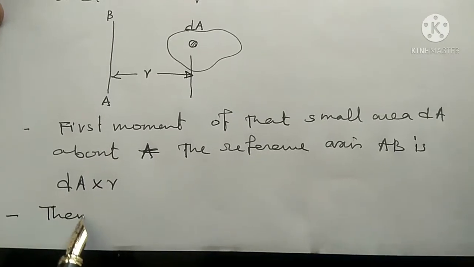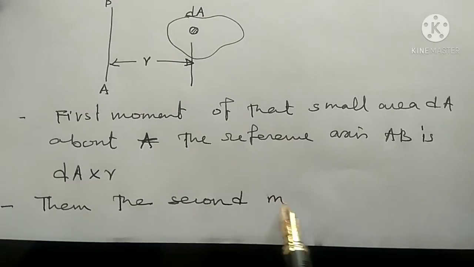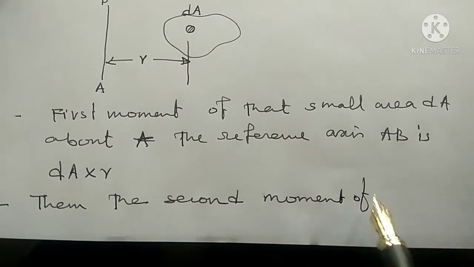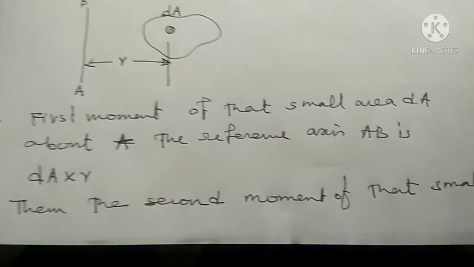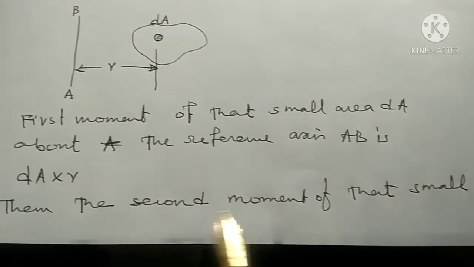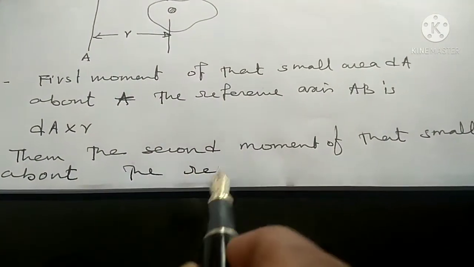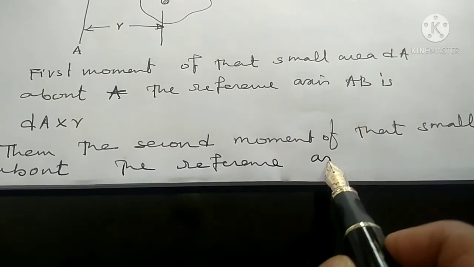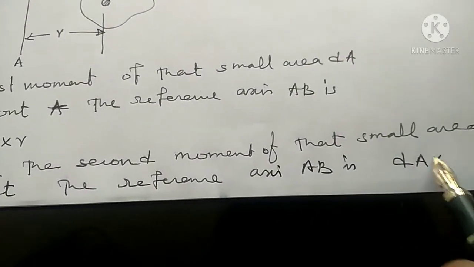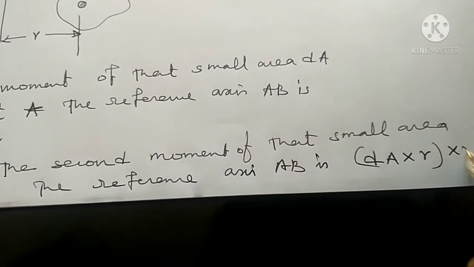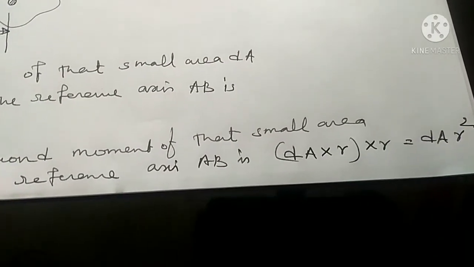Then the second moment of that small area about the reference axis AB is dA into r into r, which is equal to dA into r square.